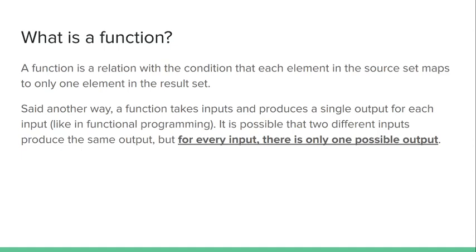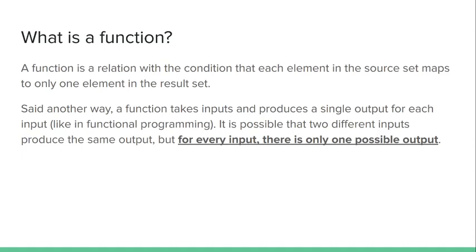So if we have pairs x, y that are generated by a relation, that relation is a function if for each x there's only one y that can result from that relation. Said another way, a function takes inputs and produces a single output for each input.